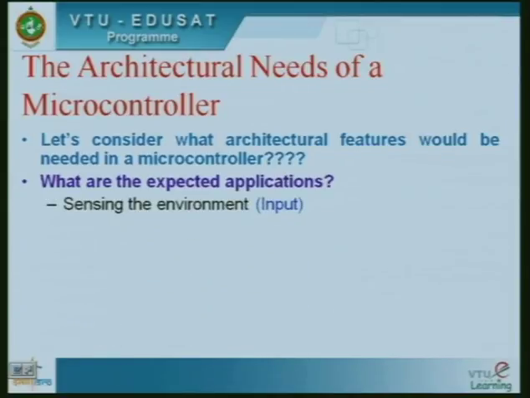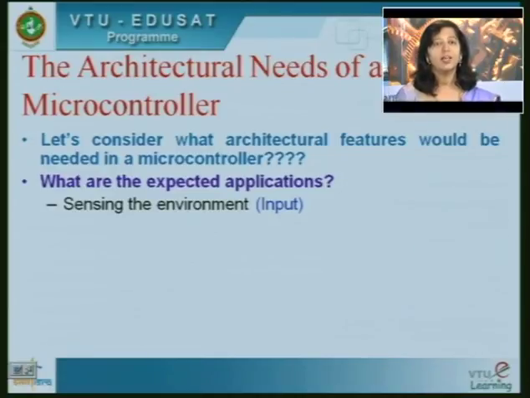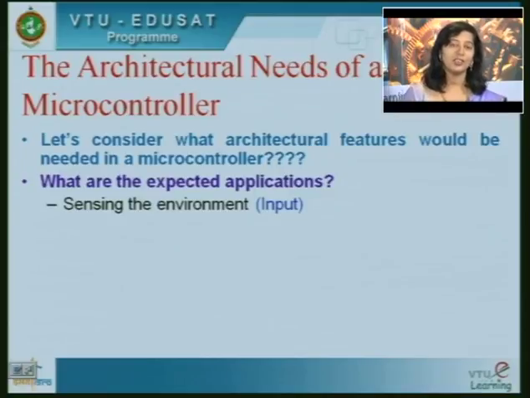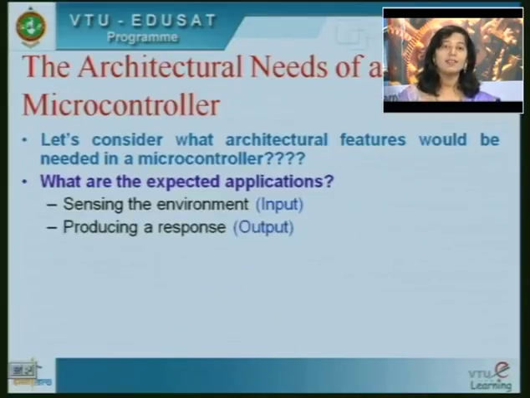First thing, sensing the environment, that means an input device or a method to give an input. Say I want to sense the temperature, I want to sense the humidity. So accordingly I should use a temperature sensor or humidity sensor, and I should interface it to my microcontroller. It should be taken as an input, maybe after some processing. Next, once the input is taken, a response should be produced.